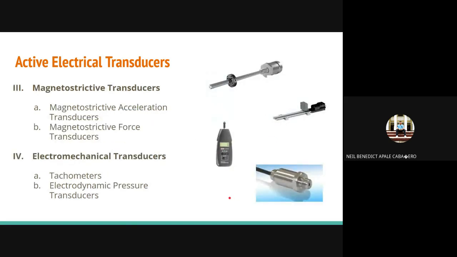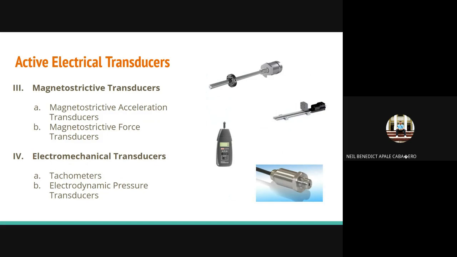Next. The next type of active electrical transducer is the magnetostrictive transducer. Magnetostrictive transducers make use of a type of magnetic material in which an applied oscillating magnetic field squeezes the atoms of the material together, creating a periodic change in the length of the material and thus producing a high frequency mechanical vibration.